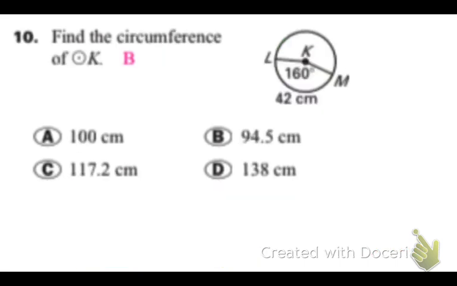Okay, find the circumference. So what is our formula for circumference? Circumference is pi d, where d is diameter. So unfortunately here you don't have a diameter. And in the picture, diameter would look like that. You do have this radius, but they don't tell you how long it is. So it's going to be a little bit trickier to find it.